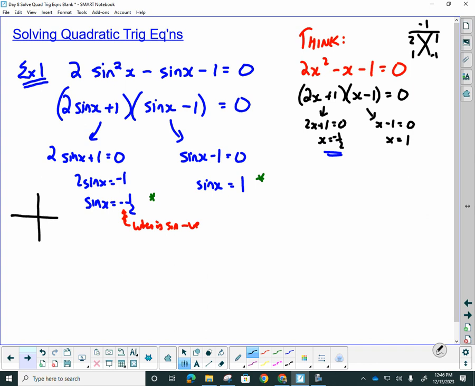So sine is negative in this quadrant and this quadrant. So one answer is going to be here, and the other answer is going to be all the way around. Now, I'm not too upset that I made that mistake, because you might make that same mistake, and I knew that something was up when I turned to the calculator for advice. So remember, the calculator spit out negative 30 in my old picture.